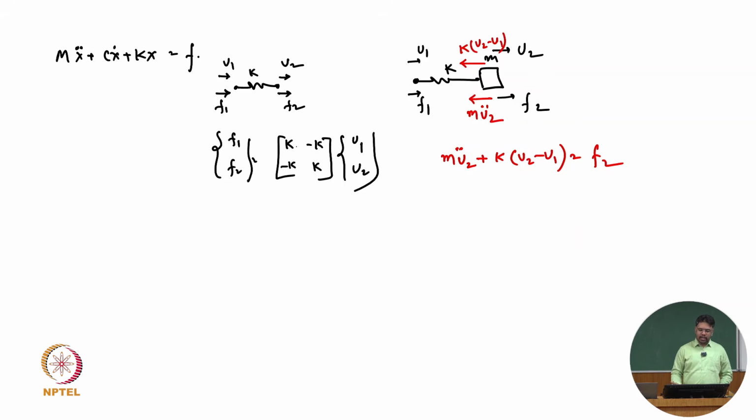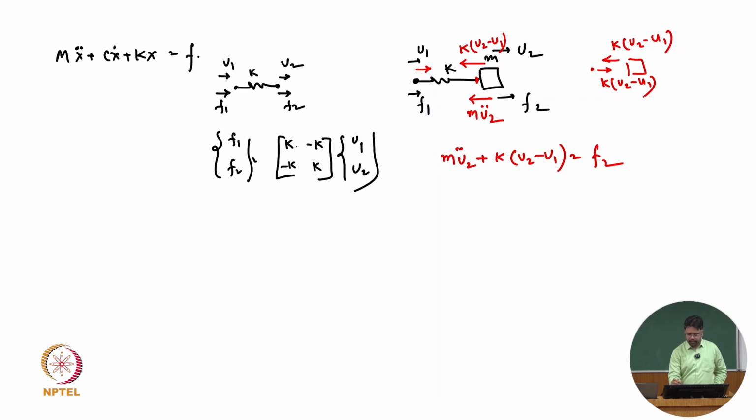Good. And how much force is coming at that node? Think, that force is coming on the mass. So how much force is coming on the spring? The spring is giving k into (u2 minus u1) force on the mass. So the spring will be subjected to the force in this direction.